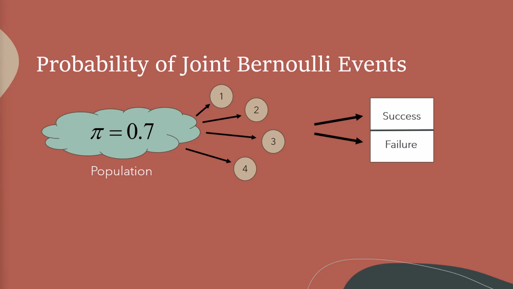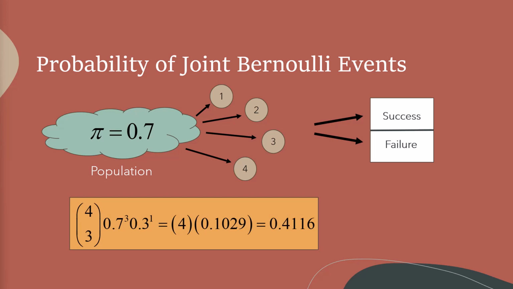Now we can bring in the binomial coefficient, and we have 4 choose 3 times 0.7 raised to 3, that is 0.7, the probability of passing, and 3 being the number of passes, times 0.3, the probability of selecting someone who will fail the exam, raised to 1, the number of failures. That yields 4 times 0.1029, or 0.41.